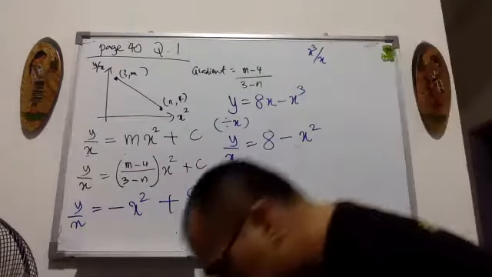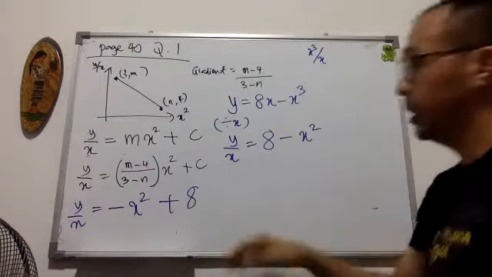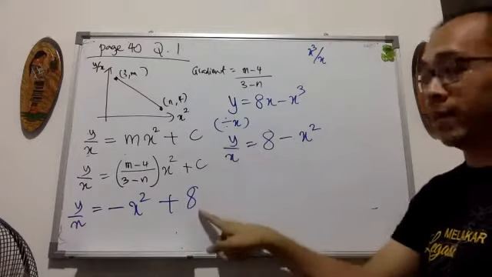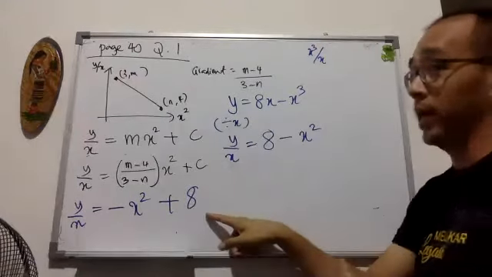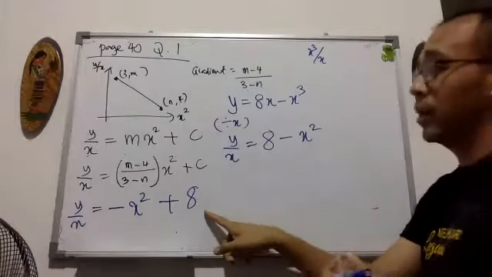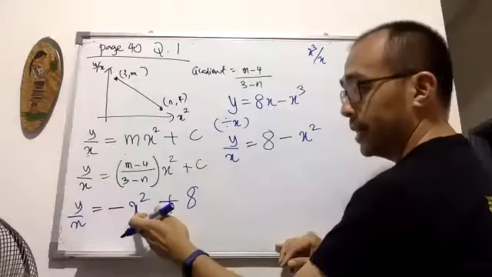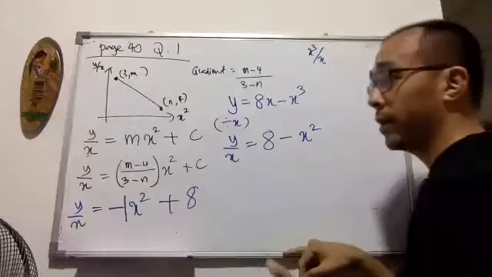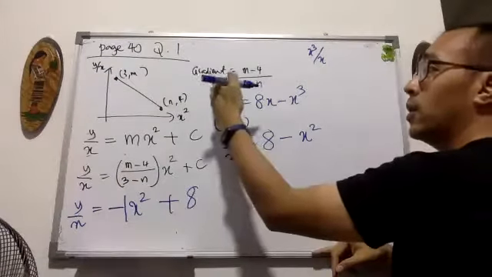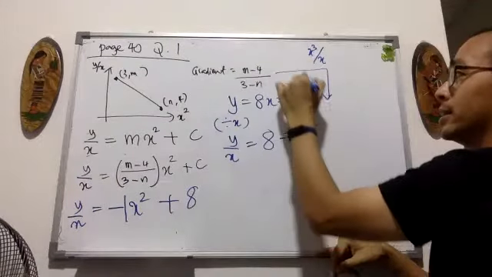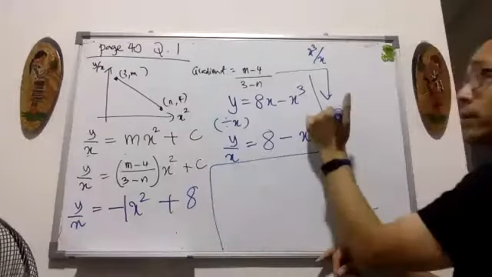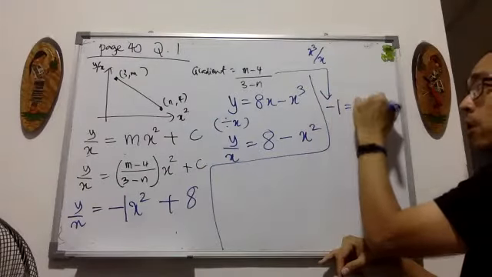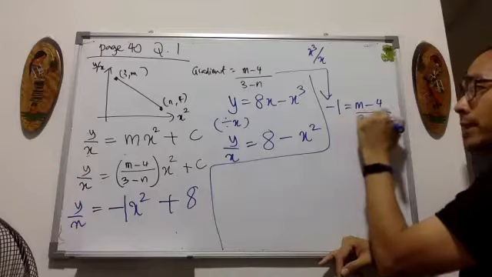Then after that, we already have the intercept, c equals 8, so it's not a problem. The other thing that we have over here is that the gradient equals negative 1. So therefore, I can continue from here and say that negative 1 equals m minus 4 over 3 minus n.